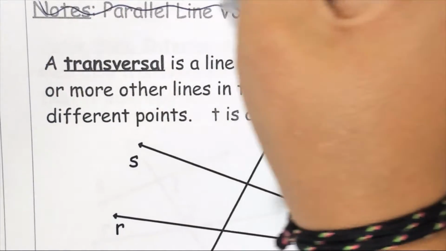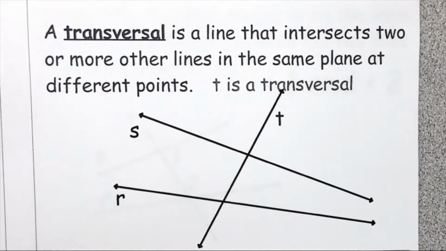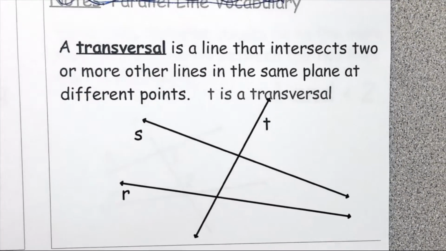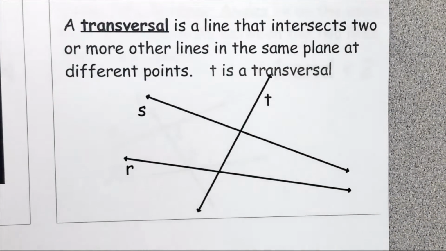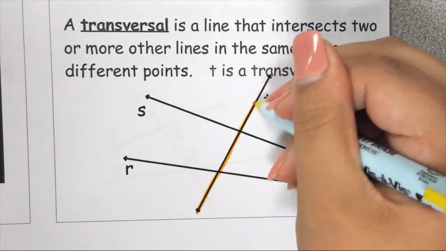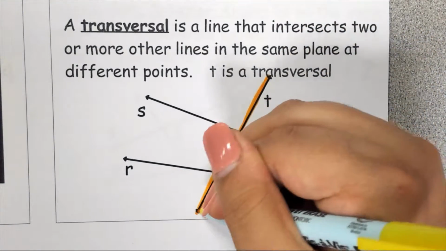So the first thing that you are going to write is a transversal. A transversal is a line that intersects 2 or more other lines in the same plane at different points. So T is my transversal. I would like you to write all of this definition down along with the picture. And I am going to highlight T because on your homework tonight, I'm going to have you identify the transversal.